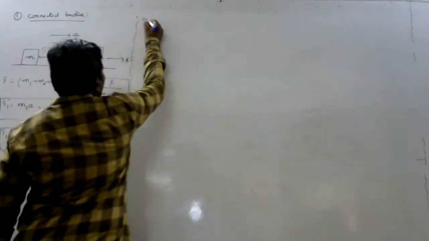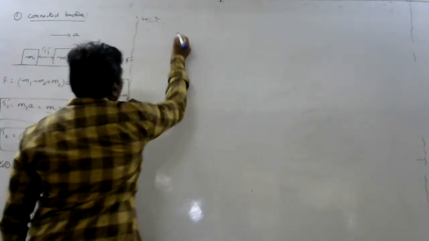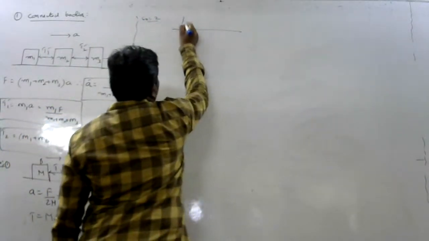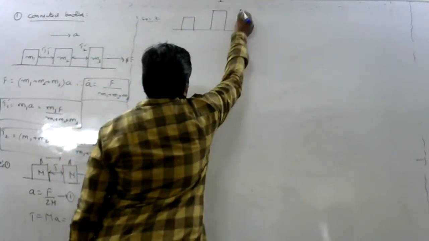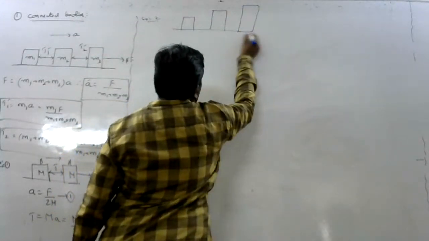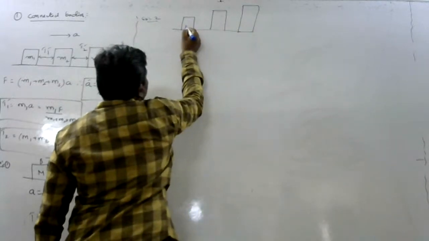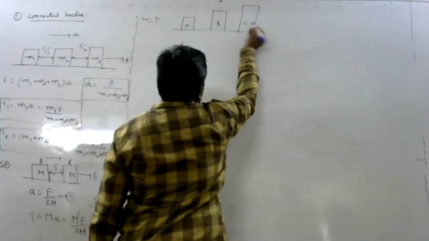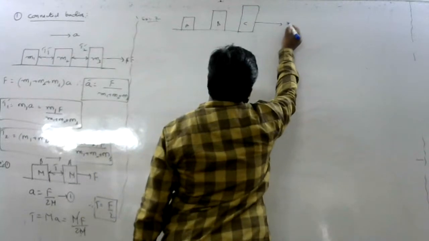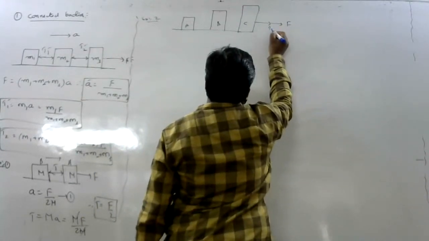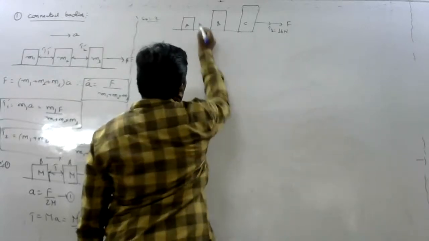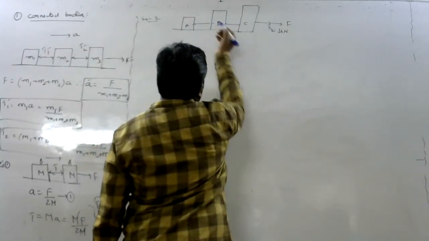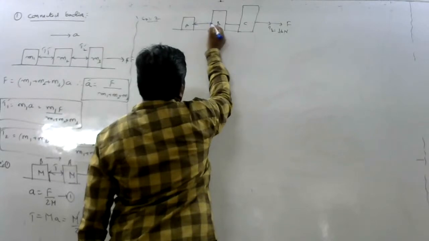And another example, consider three blocks of different masses. For example, this is A, B, and C. Here we apply a force F is equal to 36 Newton. Three blocks are connected by two strings.